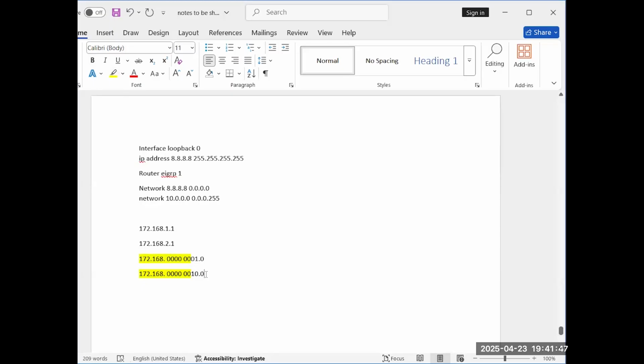So for this, how will I calculate the subnet mask? 255, 255, right? Network bits, all 255s. Okay, here network bits. How many network bits are there? 1, 2, 3, 4. Host bits. And these are all host only, dot 0.